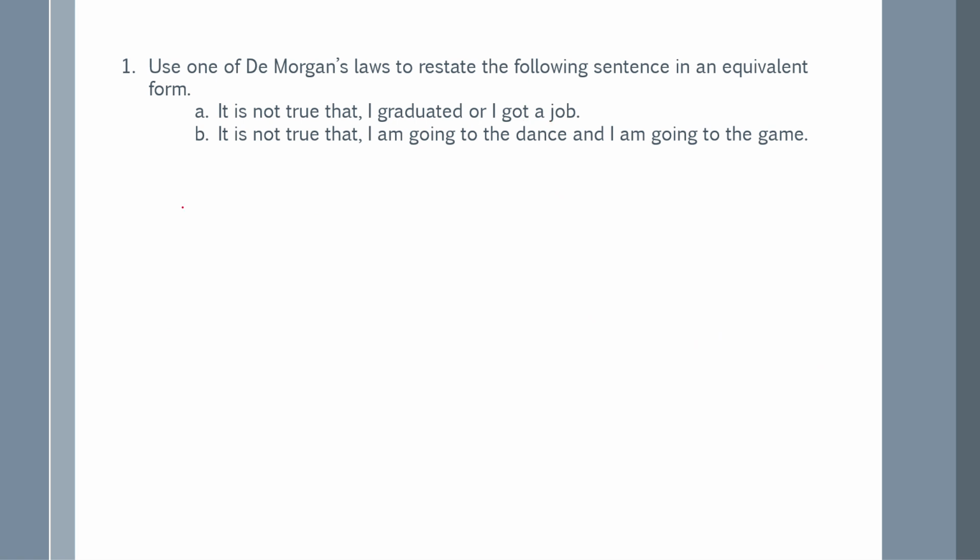So first, P is I graduated, and Q is I got a job. It is not true, so I mean to say, it is not true that P or Q. So what is the equivalent to this one?